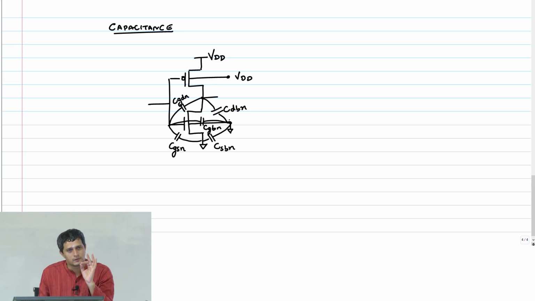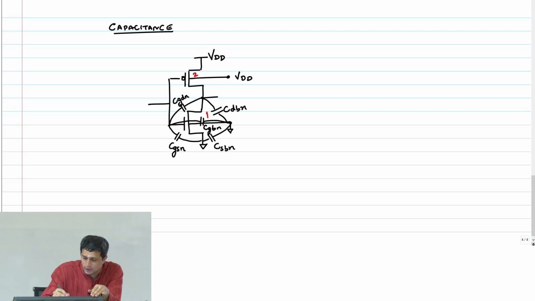Same number of capacitances. The only difference is because this is size 1 and this is size 2, the capacitance now will become twice. Remember, all the capacitances that we derived scale linearly with W. That was our primary conclusion from that module.